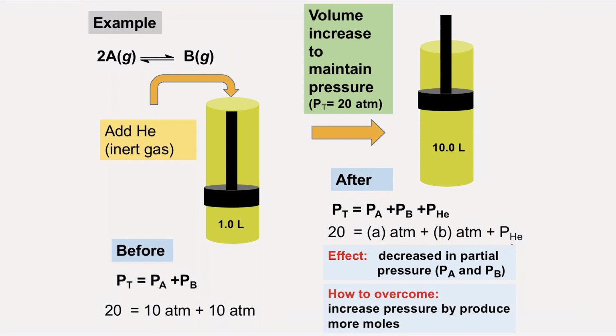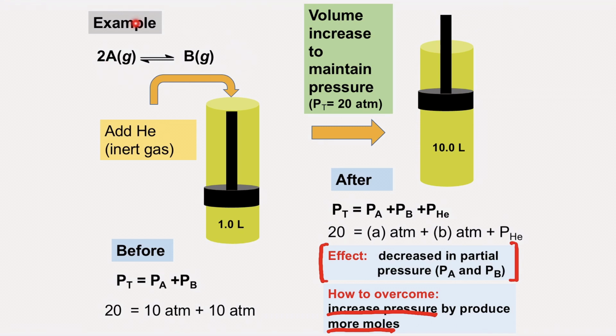So when the partial pressure decrease, how do you minimize this effect of disturbance? This disturbance when your partial pressure decrease. You will have to increase the pressure by producing more moles of gases. Okay? So in this case, your equilibrium will shift to mana? Right ke left?